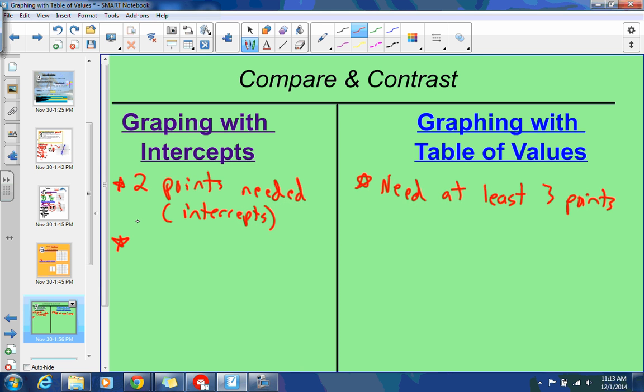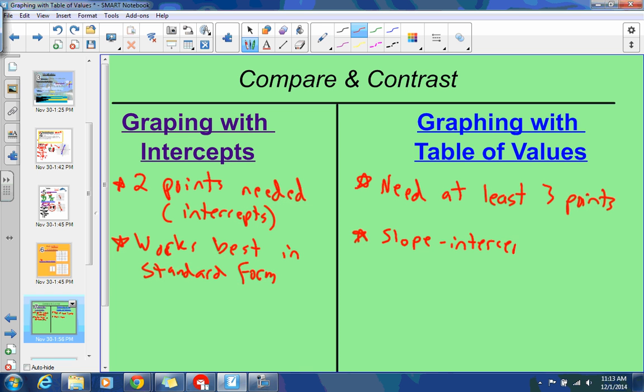Over here, it works best in standard form, and we found that out last week. This one, it works best in slope-intercept form, y equals.